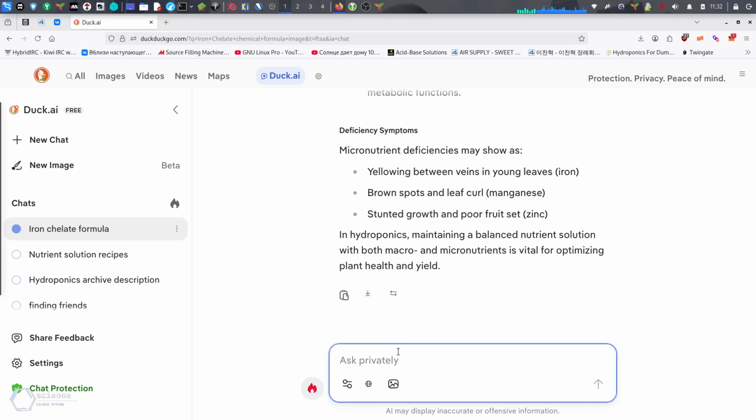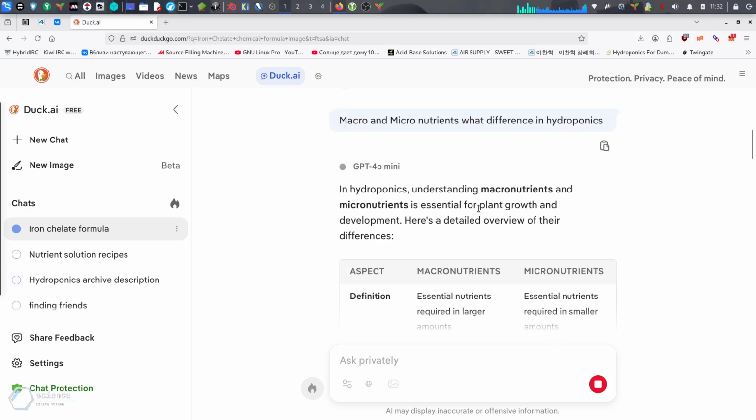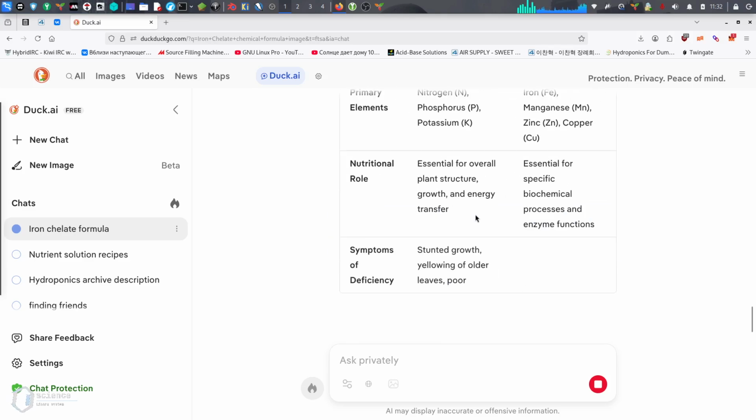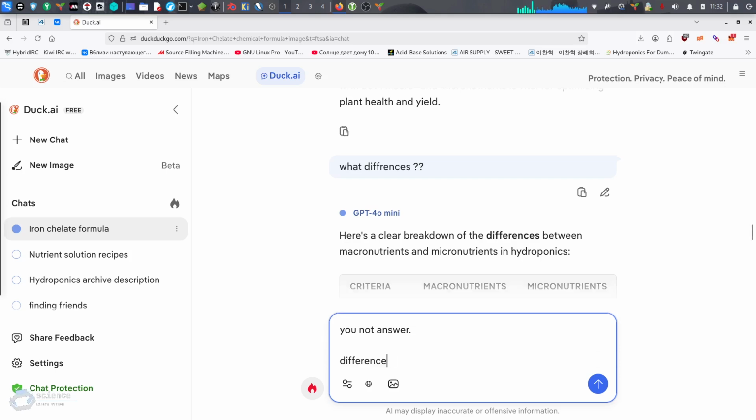But I do not understand the difference. What differences? The functions and symptoms. You did not answer. Difference: macro and micro nutrients.